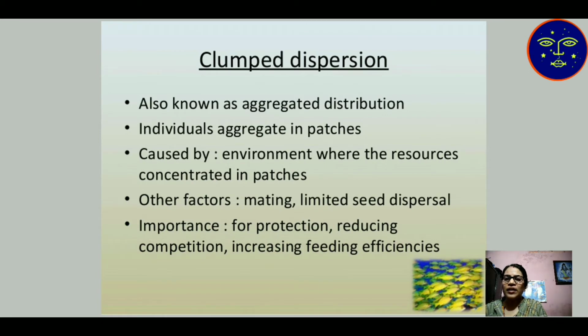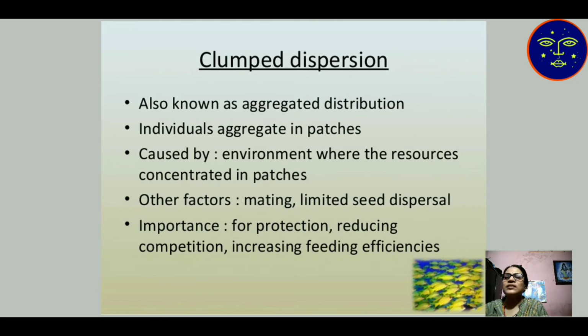concentrated in particular patches. Other factors affecting clumped dispersion are the mating period and limited seed dispersal. If there are limited seeds, it is known as the clumped dispersion method.